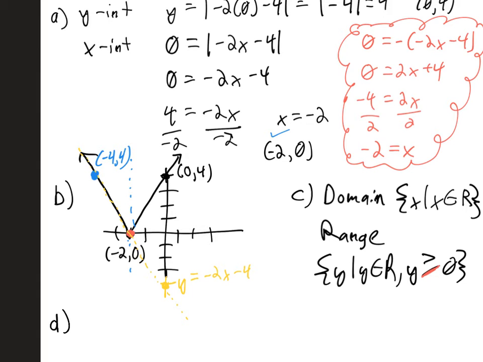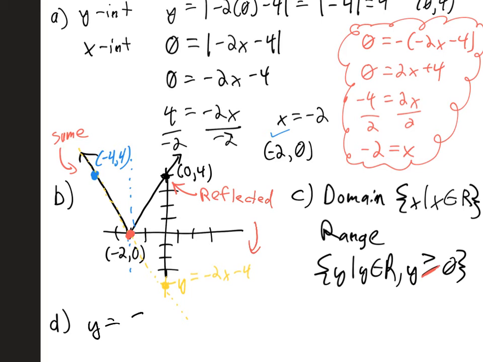So if we note, the portion to the left of the x-intercept is the same for both the original graph and for the absolute value graph. But the portion to the right of the x-intercept is reflected from the graph of y equals negative 2x minus 4.